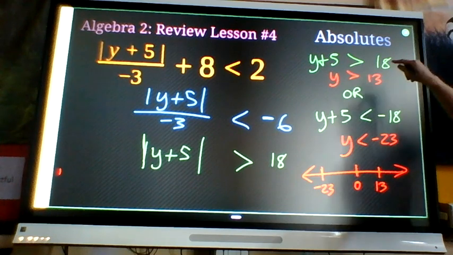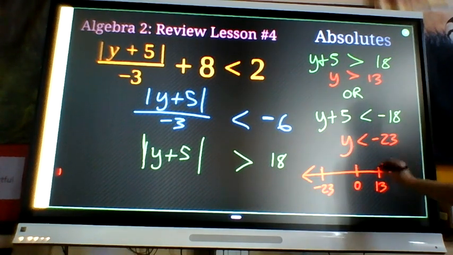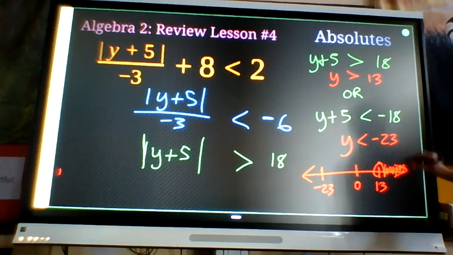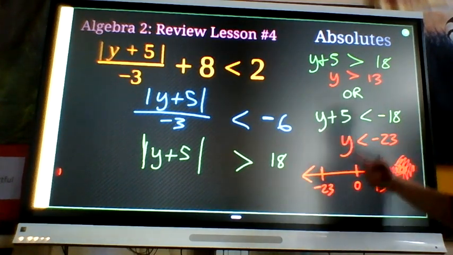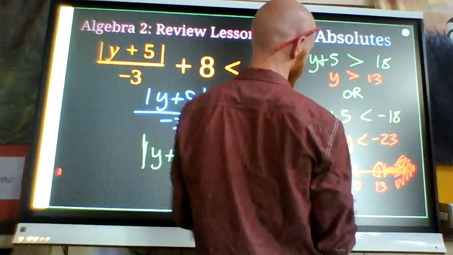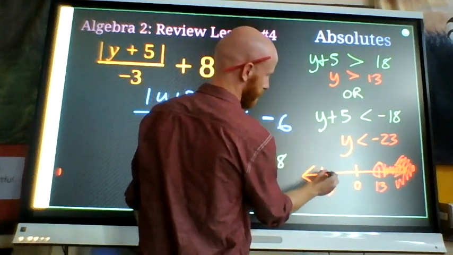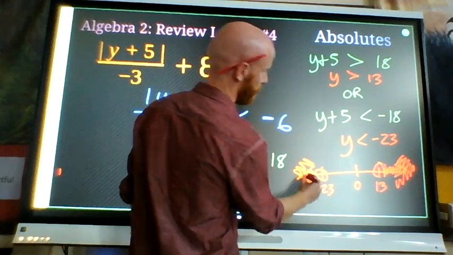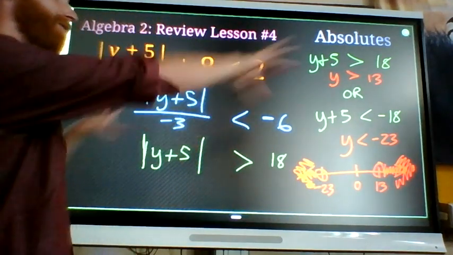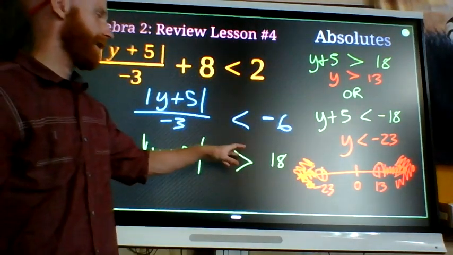I'm allowed to be bigger than, but not equal to 13. Or I'm allowed to be smaller than, but not equal to -23. Okay? As long as I'm outside of that range, I'll make this true.